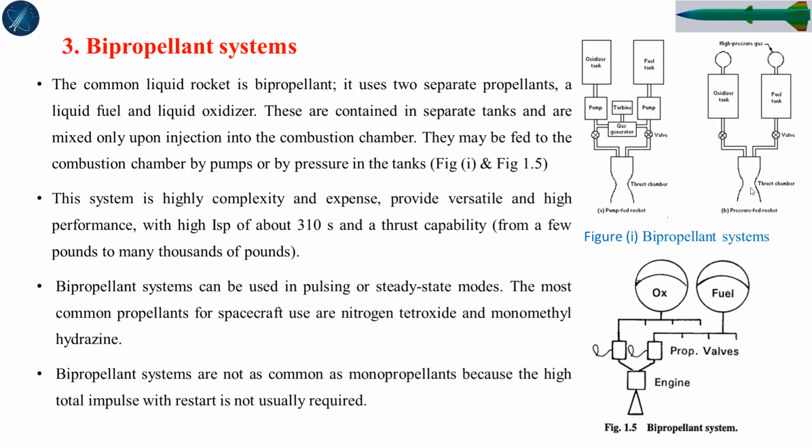So once it burns, the high pressure gas comes out through the throat and then accelerates. So that is the method. So these bipropellant systems are of two types: pump feed system and pressure feed system of rocket. So this is a bipropellant system.